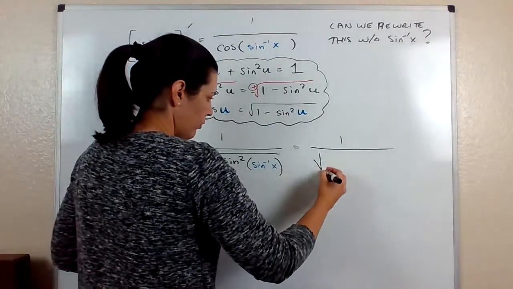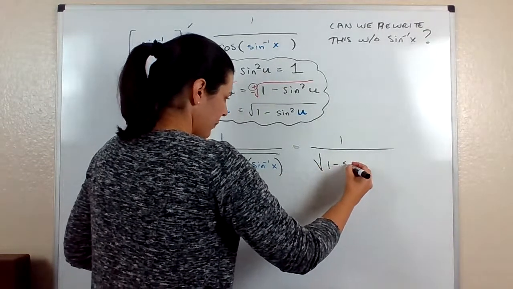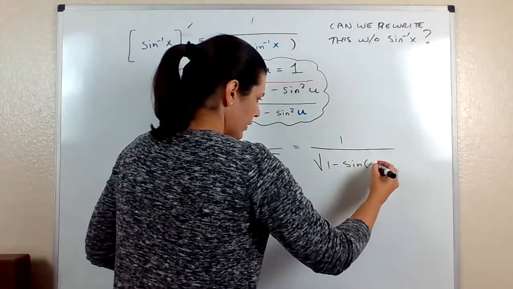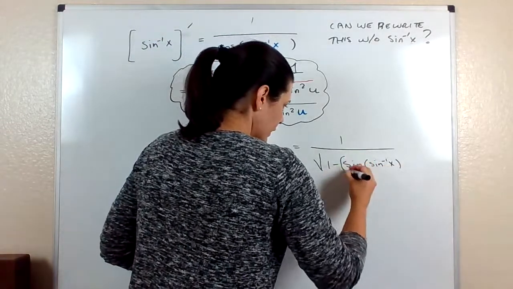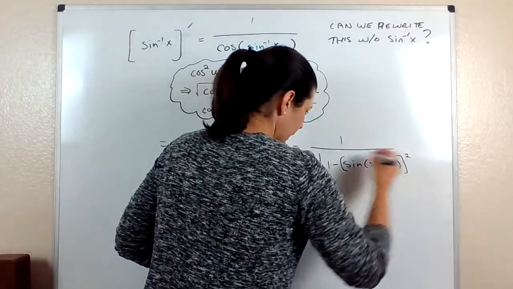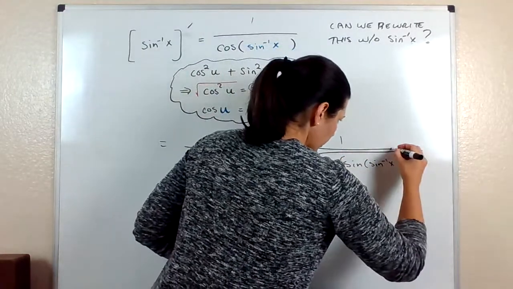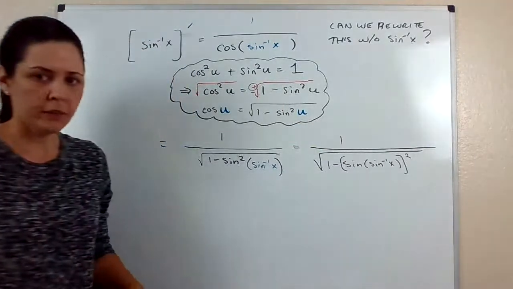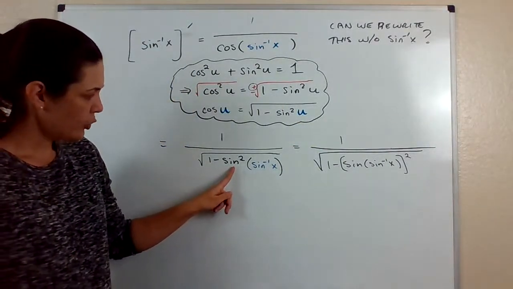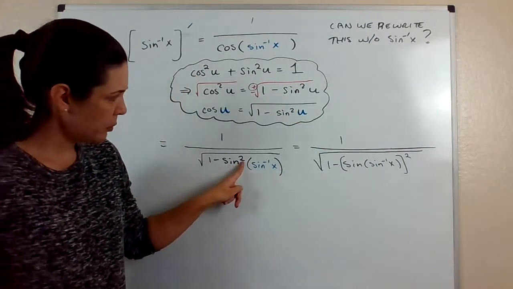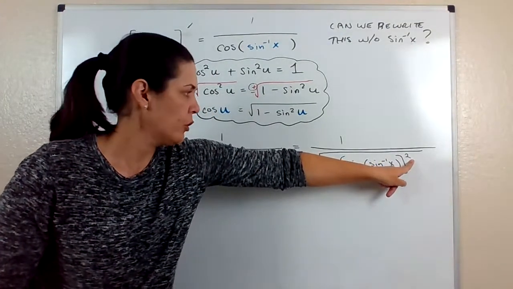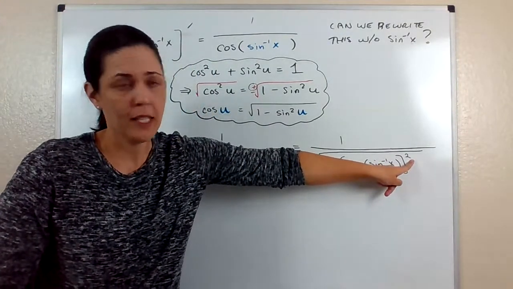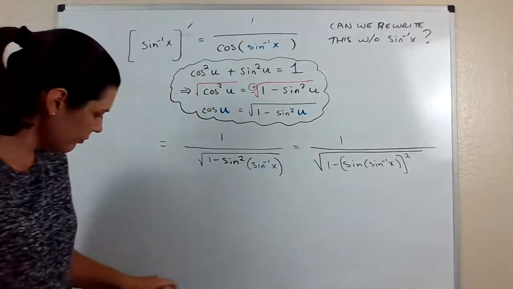So this is 1 over square root 1 minus sine of sine inverse of x quantity squared. This is what it's really saying. Okay, so if this helps, you can always do this. Anytime you have a trig function to a power, feel free to put that power way out there because that's really what it's saying. And usually with derivatives and things like that, it helps to move it out.